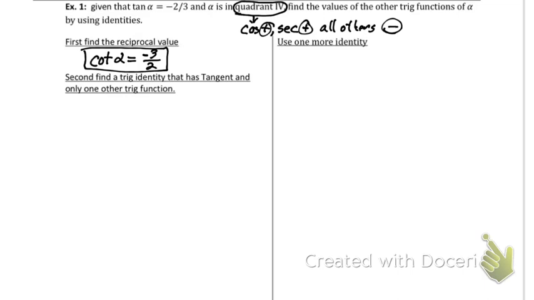Just the top three, not all those variations. And hopefully you're looking at the one that's secant squared equals tangent squared plus 1. All we're going to do is write that down. So we have secant squared alpha equals tangent squared alpha plus 1.